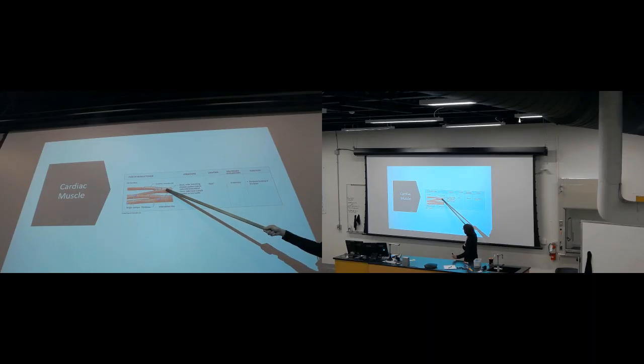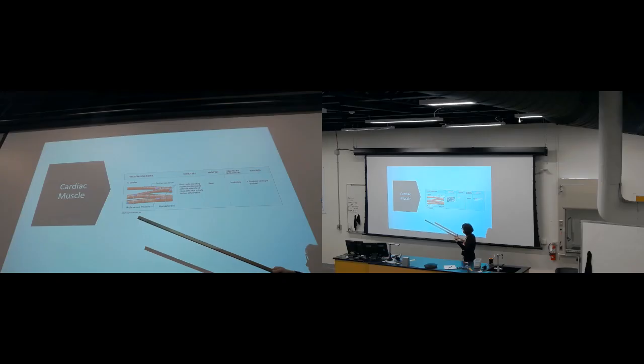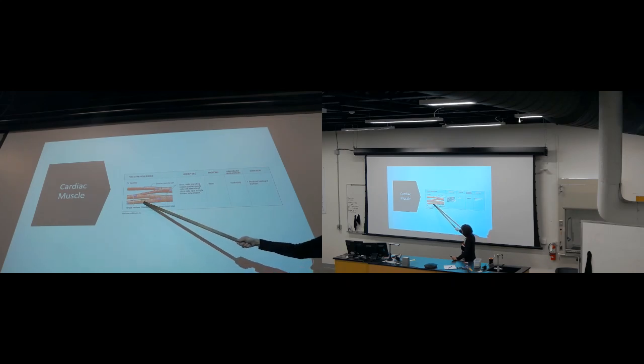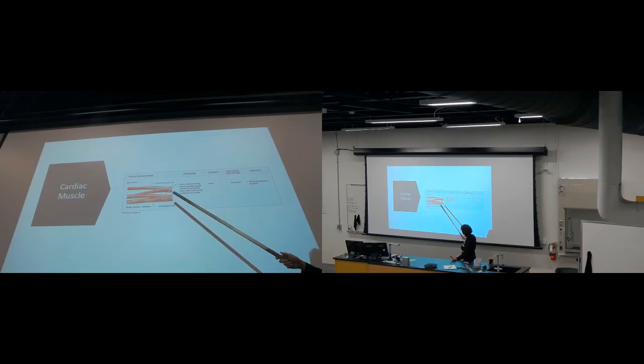Cardiac muscle is cylindrical but short. They connect these individual cells and they only have one nucleus per cell. So this is uninucleated, while the other one was multinucleated. This is one cell connected to another one, connected to another one. So these branch.